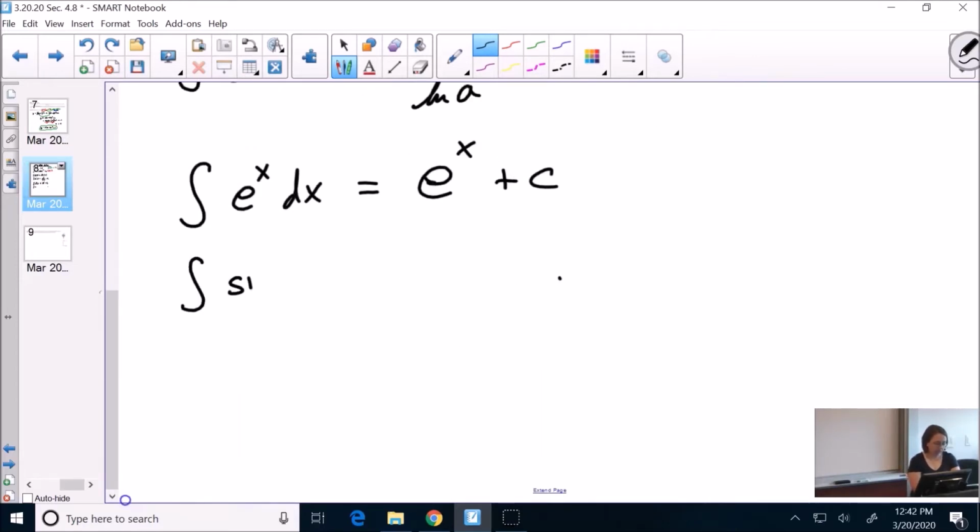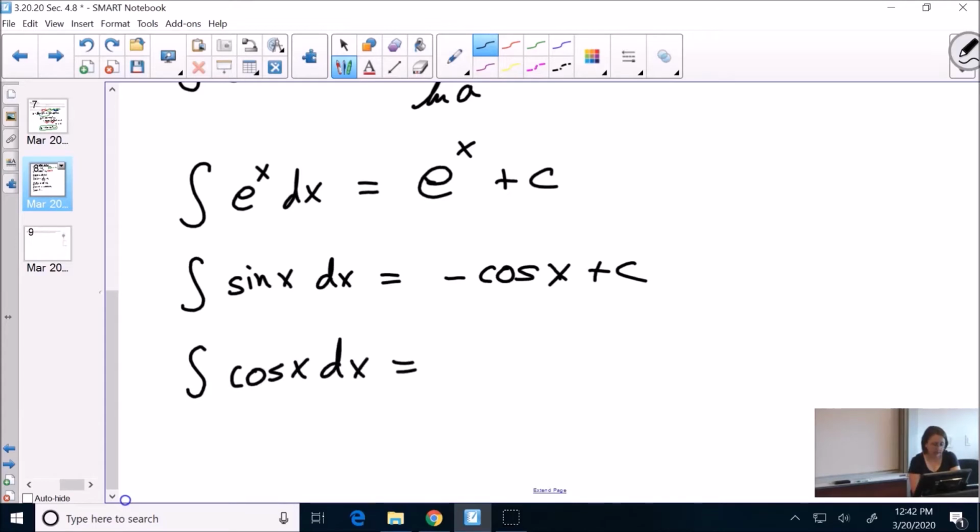The integral of sine of x is negative cosine of x. Why? Let's go back. Take the derivative of cosine, you get a negative. By having another negative there, you end up with positive sine of x. The antiderivative of cosine of x is positive sine of x. Because the derivative of sine, I go from the right-hand side, the derivative, to get back to the left-hand side.